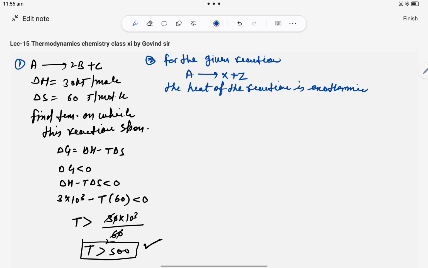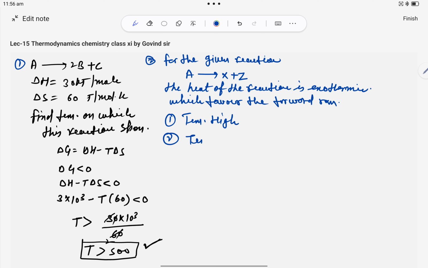Which condition favors the forward reaction? Options are given: temperature high, temperature low, temperature moderate, no effect of temperature.